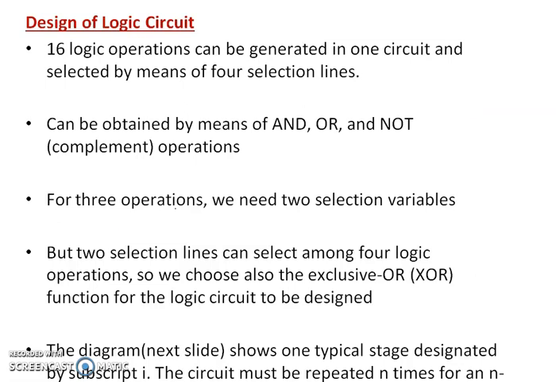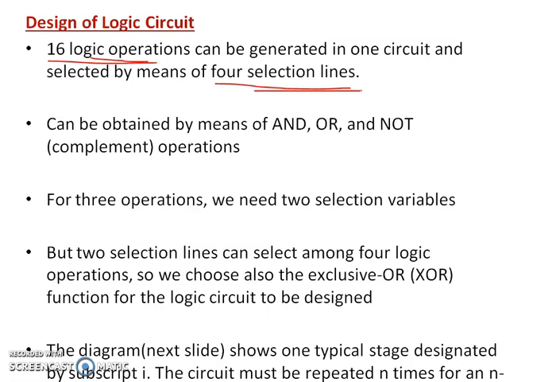So next is the design of logic circuit. So the arithmetic circuit we have seen. Next is the logic circuit. So 16 logic operations can be generated in one circuit, selected by means of 4 selection lines. In order to implement 16 logic operations, we need to make use of 4 selection lines.